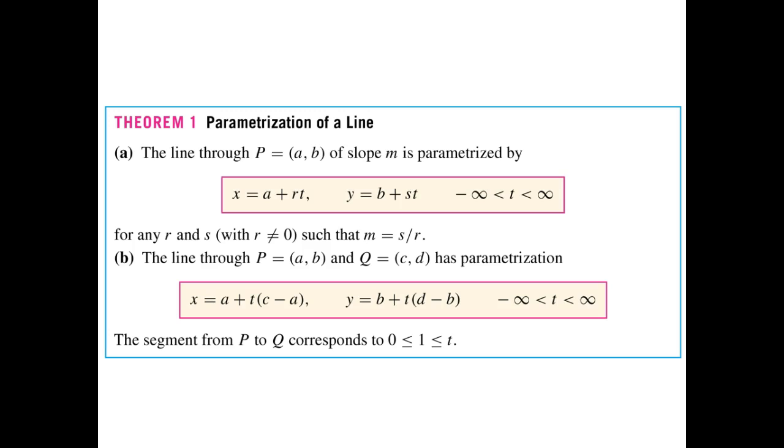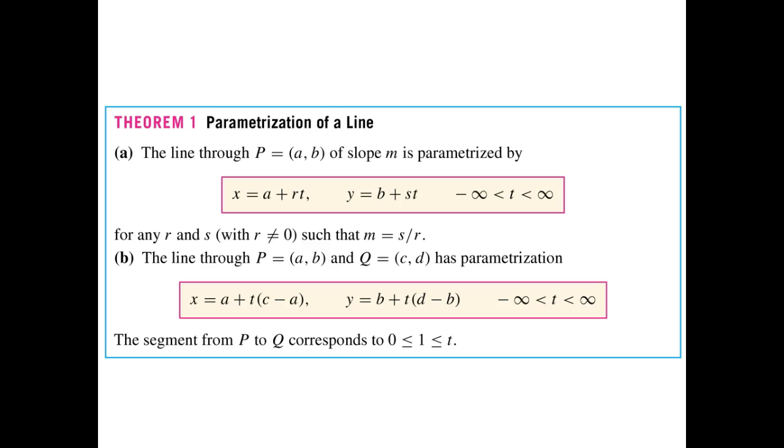Now this is true for any r and any s. Number one, we don't let r be 0. But we do say that the slope they're giving us is the ratio of s to r, because s is the y component and r is the x component, so the slope is that ratio of s to r. I don't know if that makes perfect sense to you, but that's what you've got.